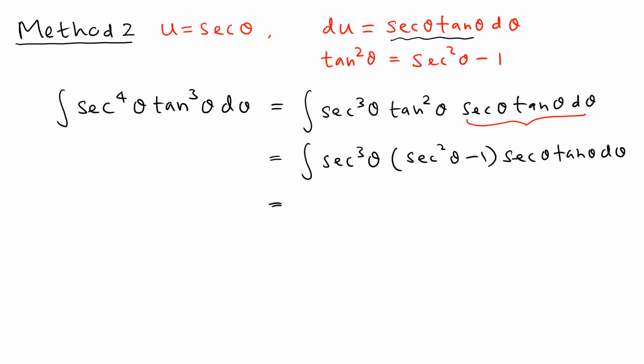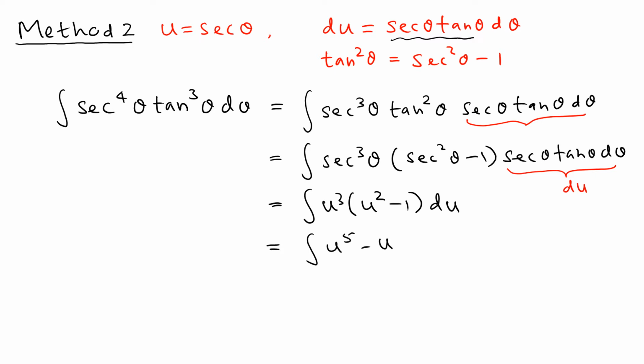Now we substitute for secant. Secant means u, so this is u cubed, and this is u squared minus 1. The secant theta tan theta term that we had is just a du. As before, we distribute first, so it's u to the 5th power minus u cubed, and now we can integrate with respect to u.